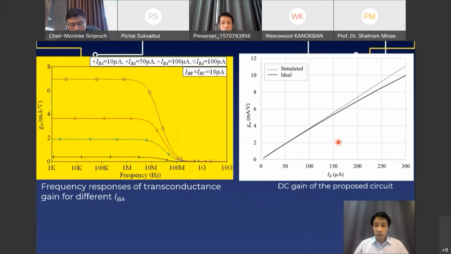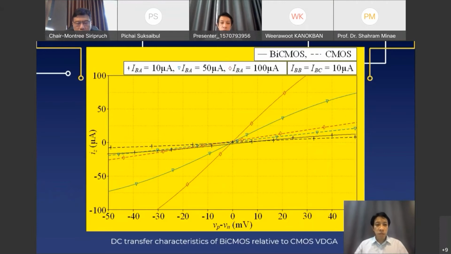It can be concluded that the gain of this circuit is linear and can be controlled by an external current source. This result shows the DC transfer characteristic of BiCMOS relative to CMOS VDGA.